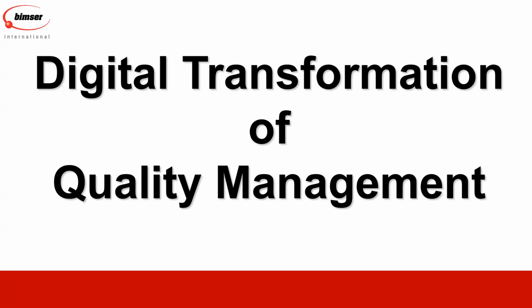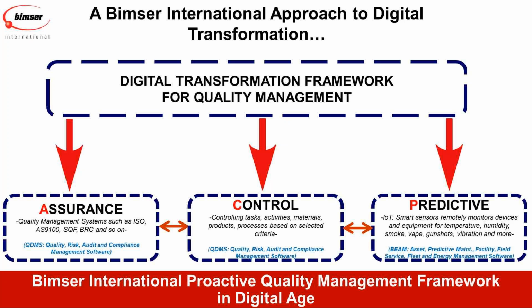Let's talk about digital transformation of quality management a little bit. In essence, digital transformation is for companies to design their culture and strategy to benefit from the advantages and opportunities coming from technology itself. So when they apply this definition into quality management, and based on our expertise in digital quality management since 1998, we actually put together this proactive quality management framework.